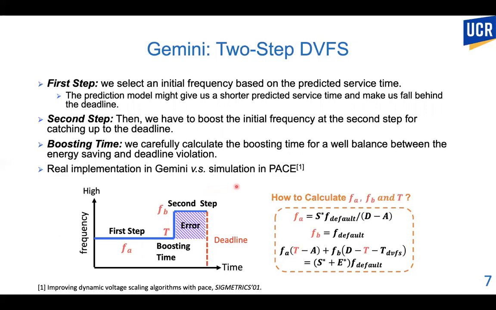In our work, we design a statistical model to calculate the proper boosting time upon every request arrival and departure. Our work has some similarities to the stepwise DVFS scheme proposed in PACE. However, PACE still needs a work distribution for its linear programming model and is evaluated in simulation. Our Gemini, with only 2 steps, is implemented on a real search engine with DVFS control in the user space.